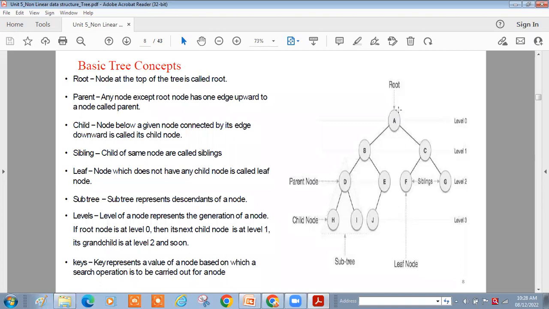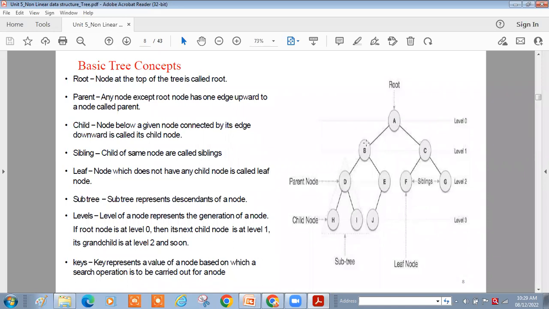Now, next is the parent. Any node except the root node has one edge upward to a node called the parent node. So what is explained over here? Any node except the root node. This is the root node. Without this, I have to focus on all the remaining ones. When I focus on all the remaining ones, they have one edge upward.